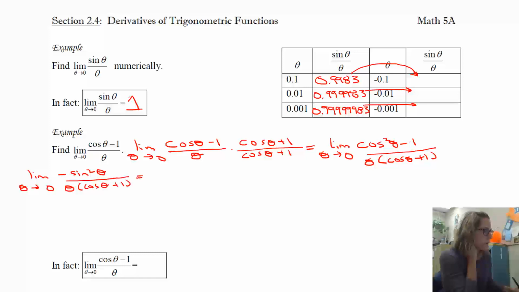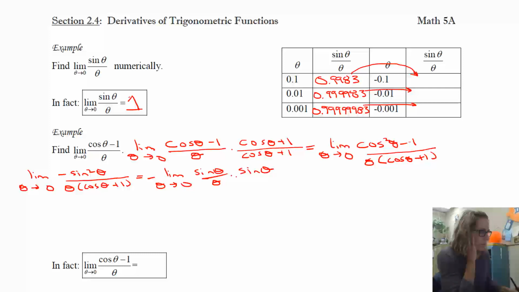Alright, so again, there's a reason for these two limits. They're used in something that we're going to do soon. So now we have, I'll put the negative on the outside, limit as theta goes to 0 of sine theta over theta times sine theta.